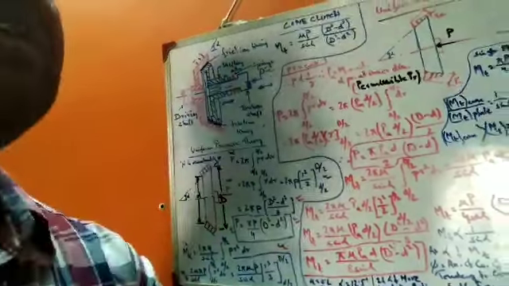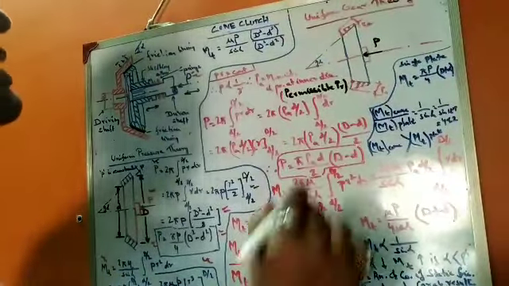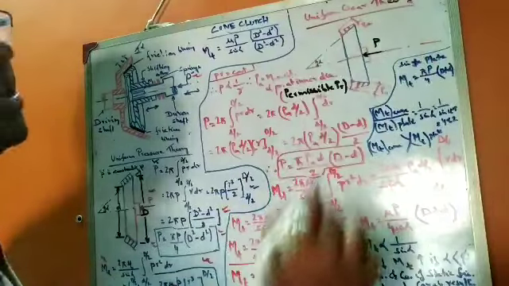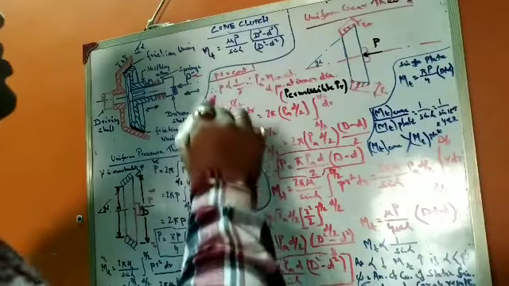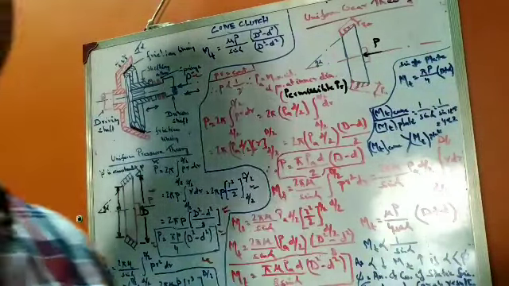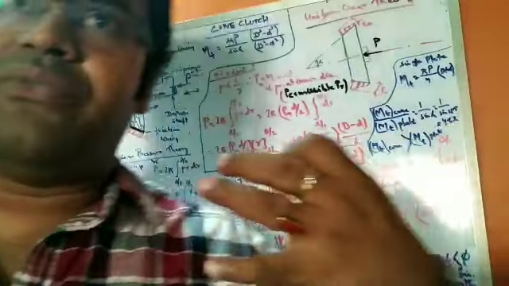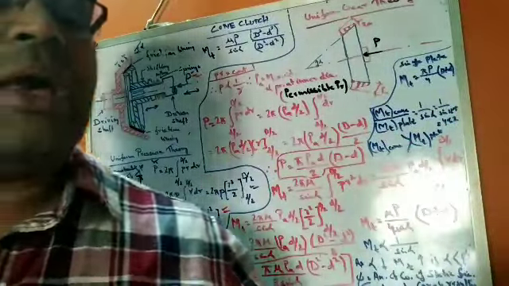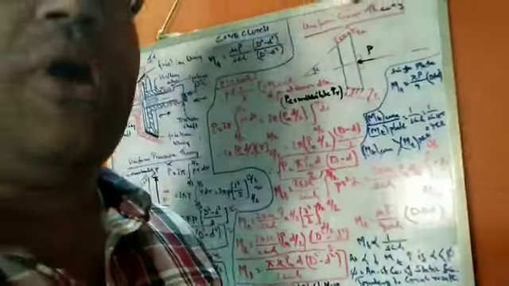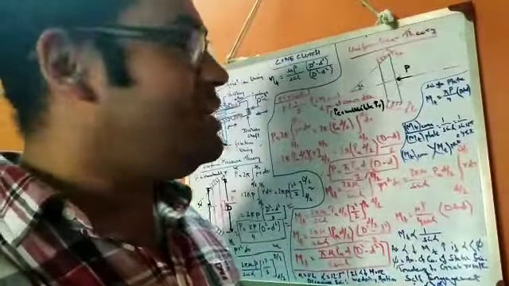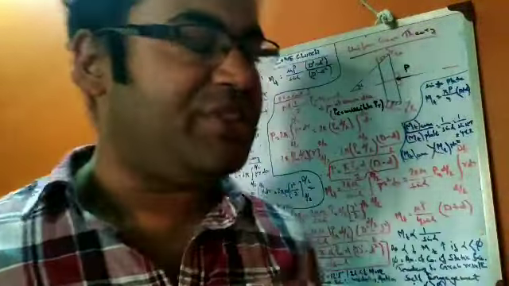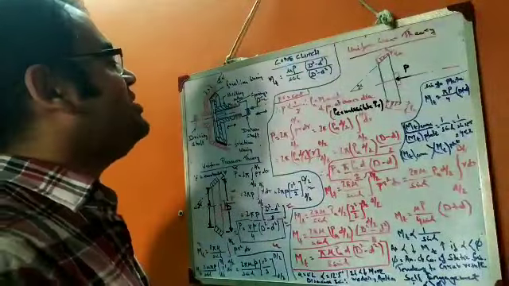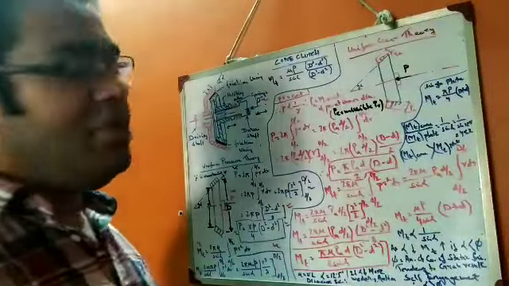That is the reason we consider PR a constant. This is the physics behind considering the uniform wear theory. So when you consider uniform wear theory, PR remains constant.